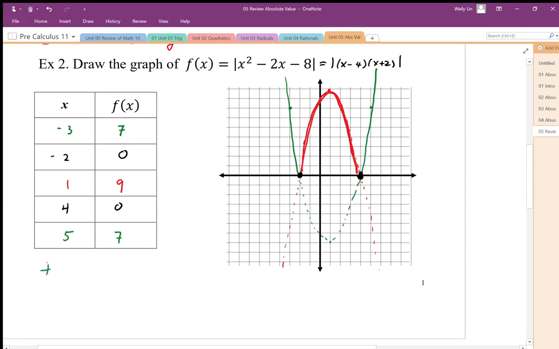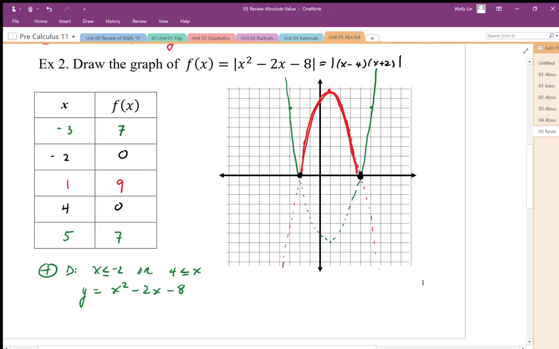So we should write this as a piecewise function. For my positive function, the domain is going to be on the outside: when x is less than or equal to negative 2, or greater than or equal to 4, it's just the positive version of that parabola.